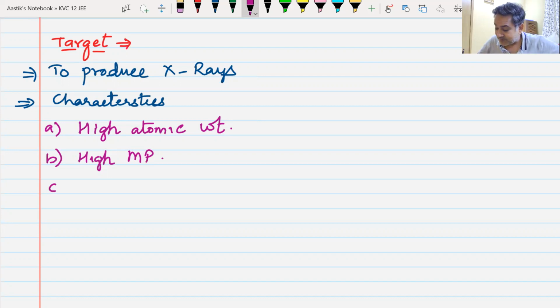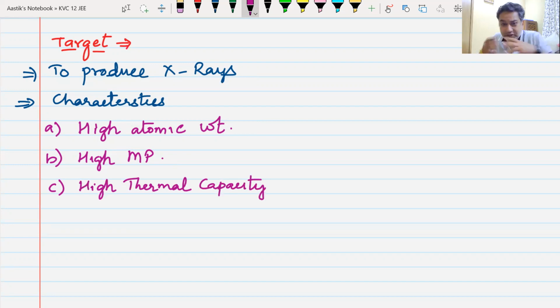Any other thing it might have? We just read it in the class on Sunday. High thermal capacity or specific heat, so that whatever heat is getting generated, it can let it go quickly.